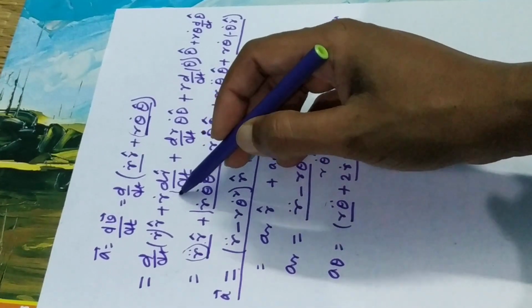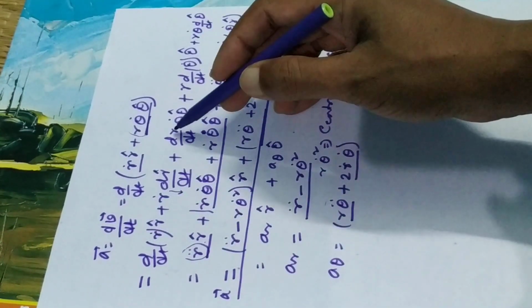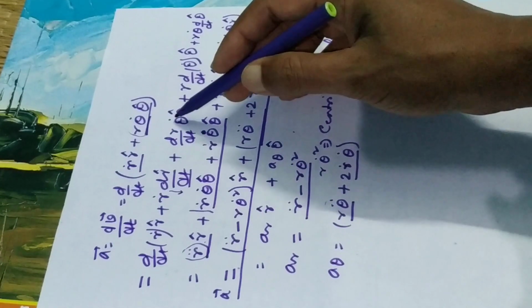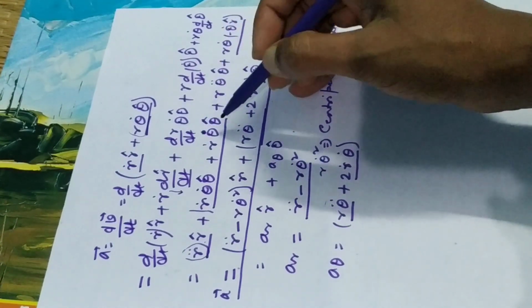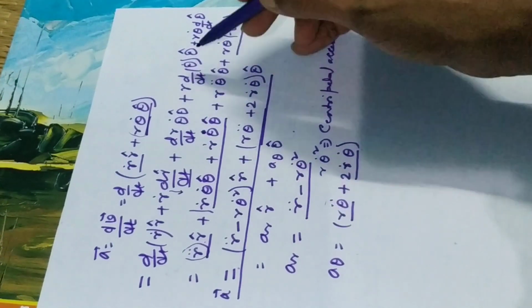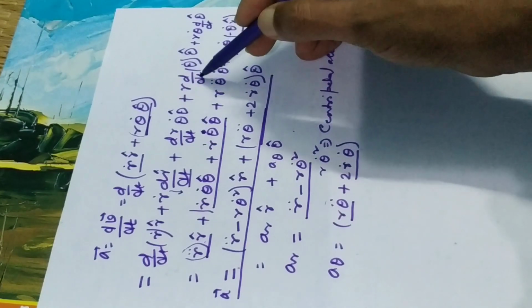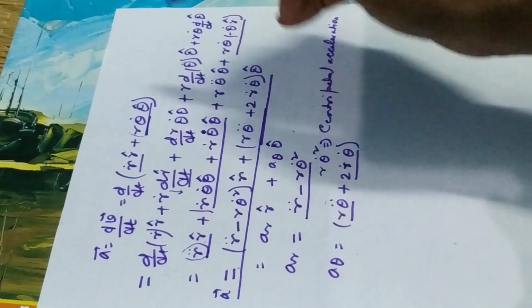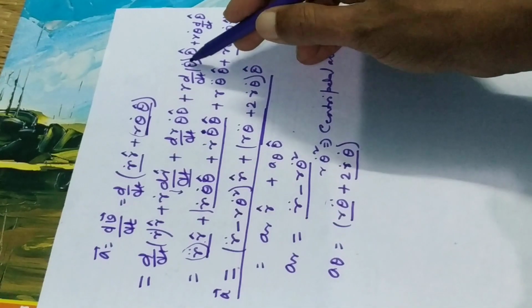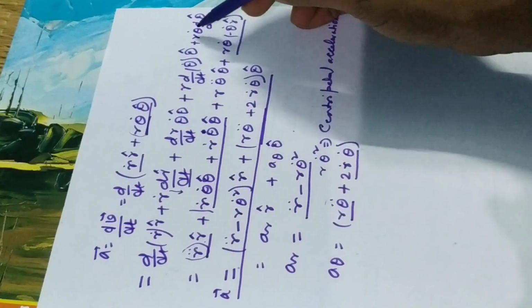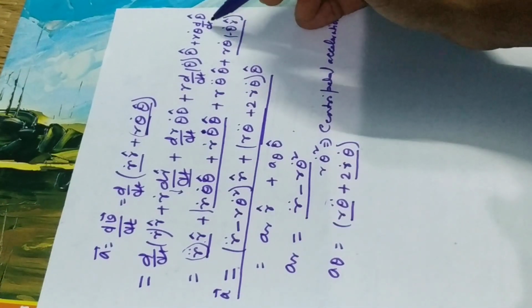Finally the expression becomes r-dot theta-dot theta-cap, and differentiating theta-dot with respect to time, with r and theta-cap constant, gives r theta-double-dot theta-cap plus r theta-dot (d theta-cap/dt).